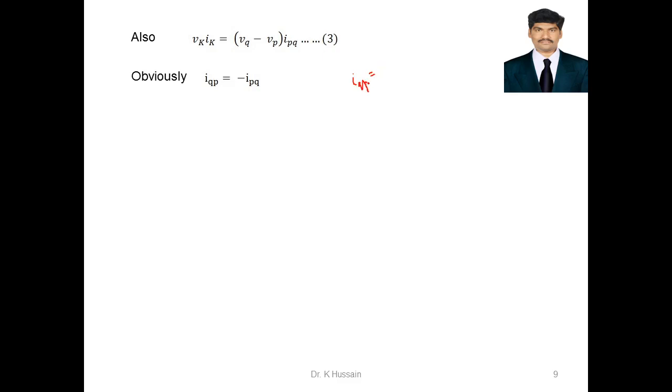Actually we know the current in this direction, P to Q. Now it is QP, that is Q to P, so it is in the negative direction. IQP is equal to minus IPQ, because it is the opposite direction. That is the meaning here: the current is negative, since we are keeping the opposite direction of current.